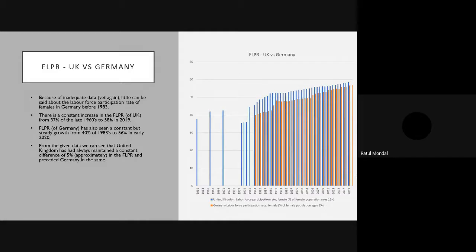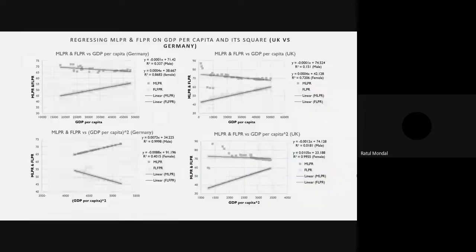The FLPR of Germany has also seen a constant but steady growth from 40% to 56% in early 2020. And again, we can see that United Kingdom has always maintained a constant difference of 5% in the FLPR and preceded Germany in the same. It has always maintained that extra 2 or 3%, as we can see in the analysis.